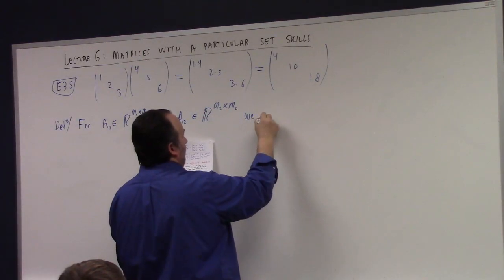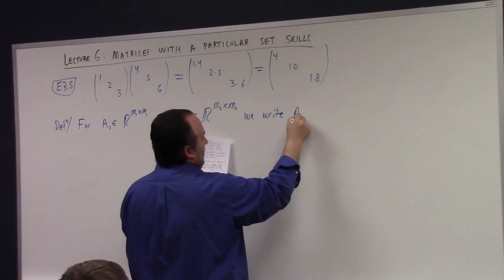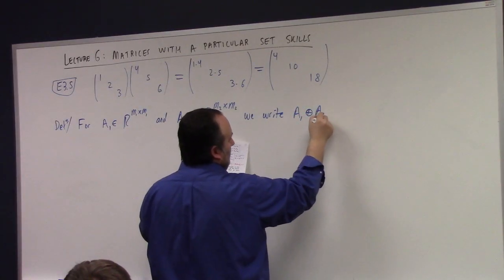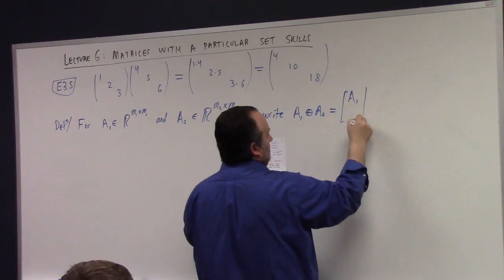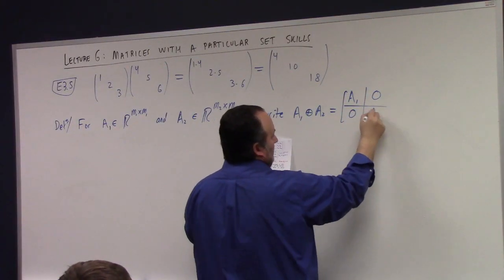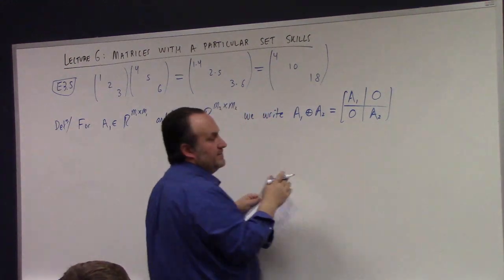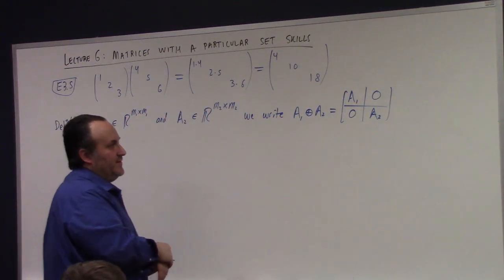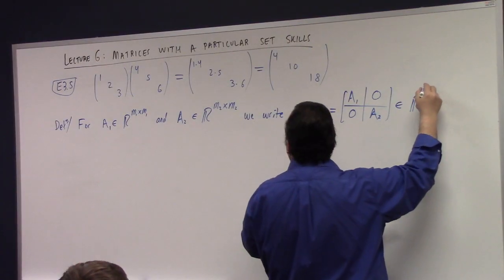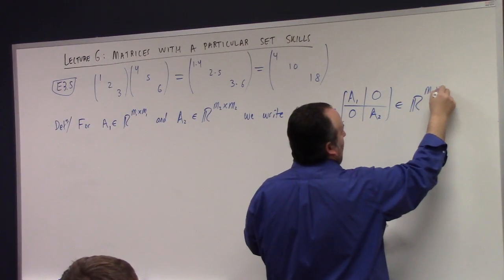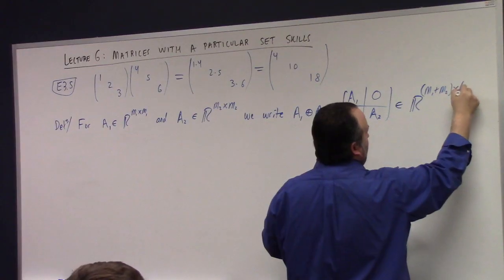We write A1 direct sum A2 to be the block matrix, which has the form that. This is an element of what? How big is this matrix? It's an m1 plus m2 by m1 plus m2 matrix, right?